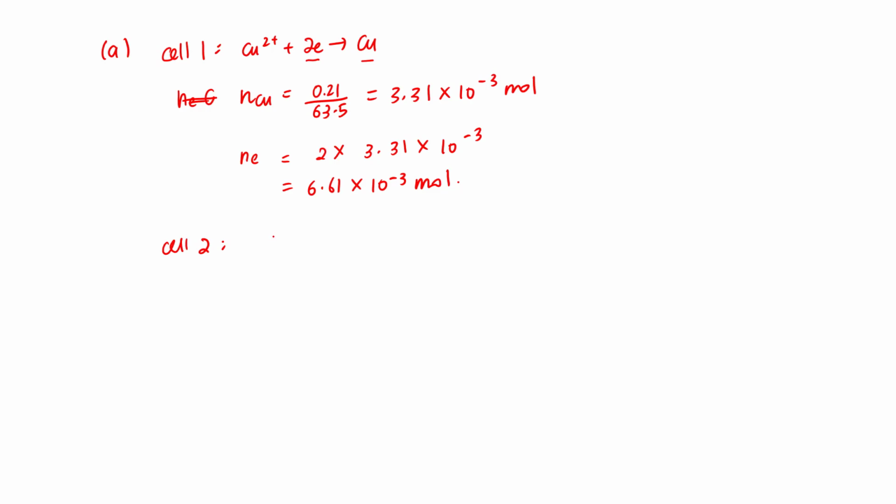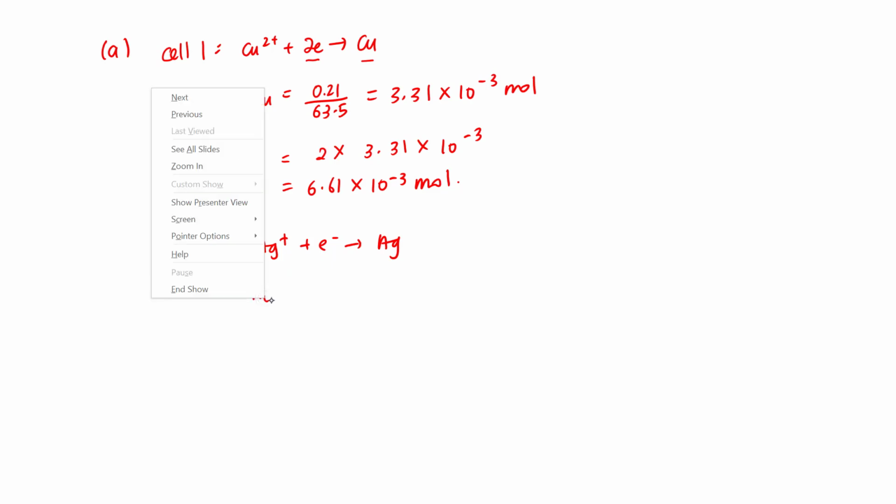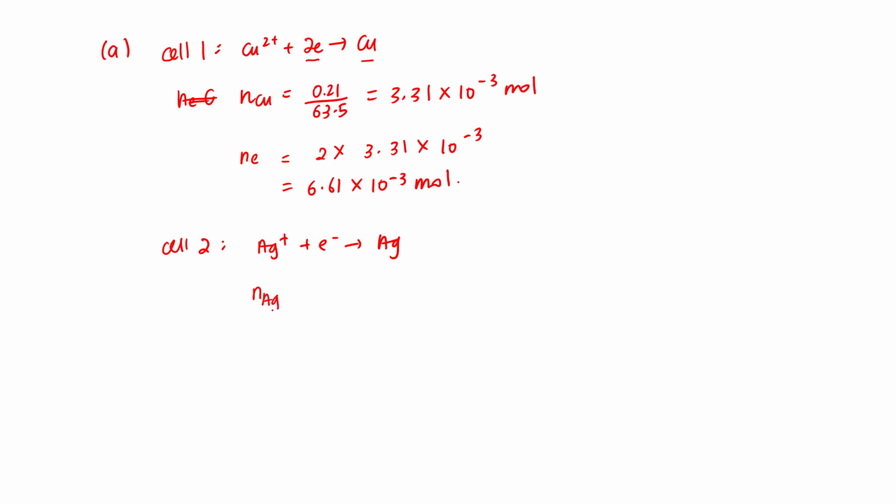If we look at cell 2, we actually have Ag+ getting reduced to silver metal at the cathode. So the mole ratio between silver and electron is 1:1. In other words, it also means that the mole of the silver deposited is equal to the mole of the electrons transferred, which we have calculated earlier.